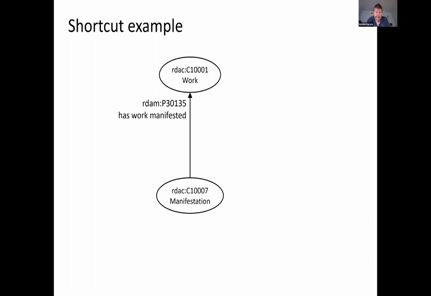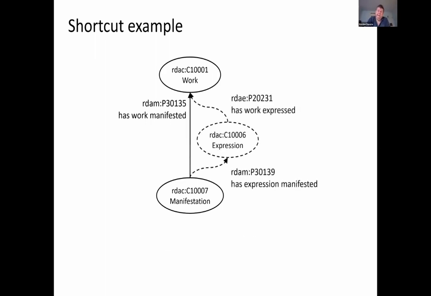But what we do determine is that, in fact, this is a shortcut for the standard relationship from a manifestation to an expression to its work. So has work manifested as a chain of has expression manifested and then has work expressed.